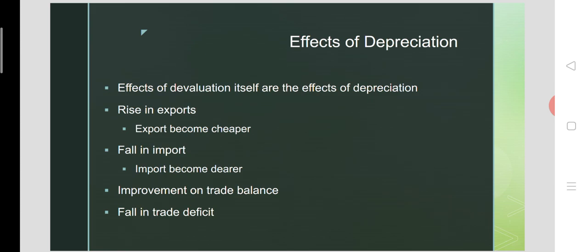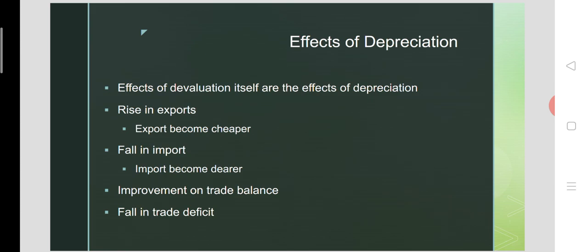So we need to pay that much of rupees for the commodities purchased by $1. That means import has become dearer. Import will come down as a result of depreciation normally.